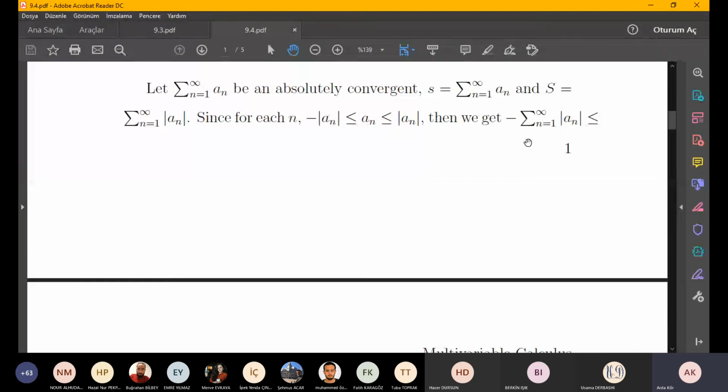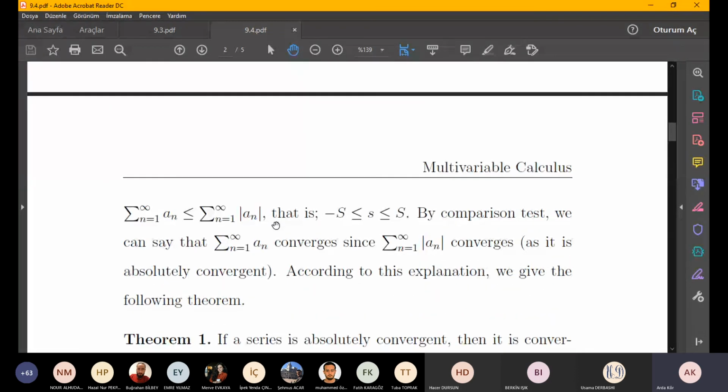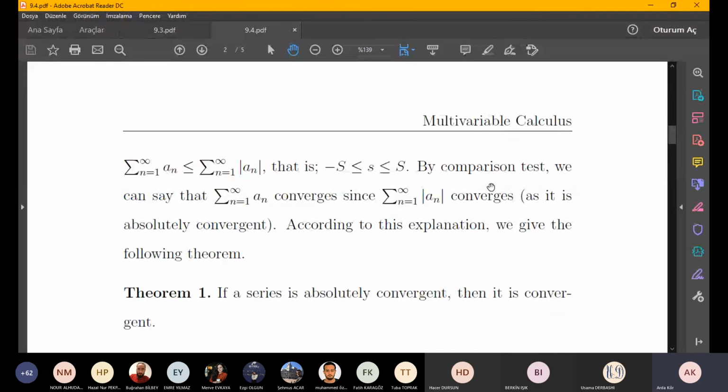Then if we take the sum of both sides of that inequality, we have an inequality which says the sum of a_n should be in between values that we know are finite, because we accept that our series is absolutely convergent. So it should be between minus S and S. By the comparison test, if it is in between those finite numbers, that says your series converges.